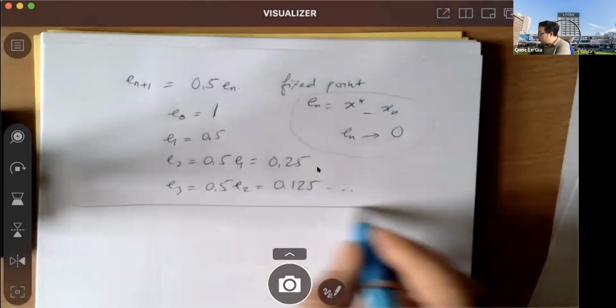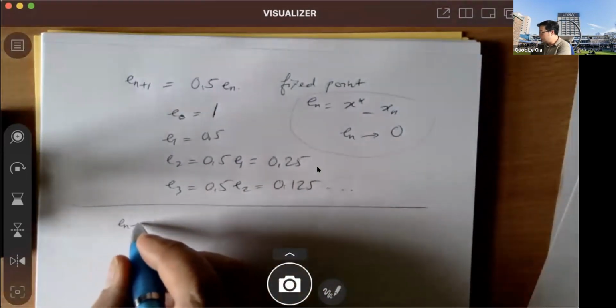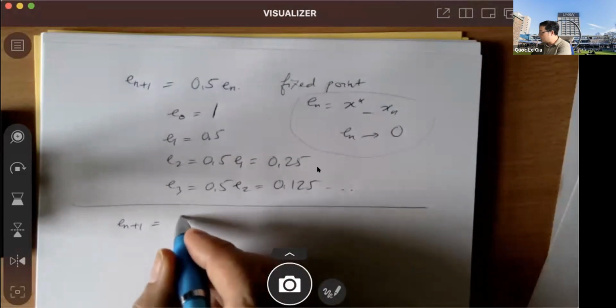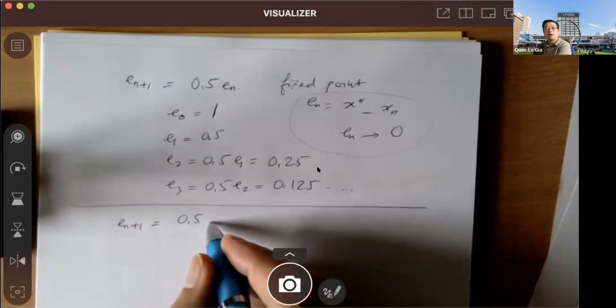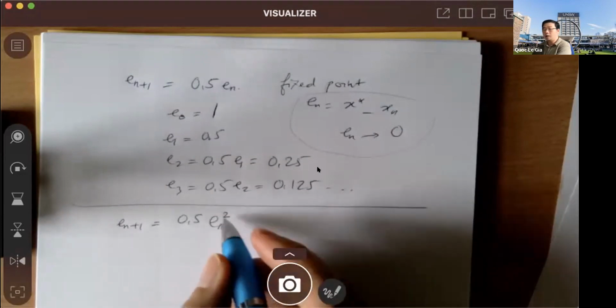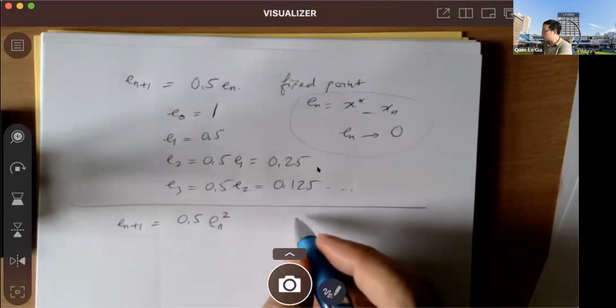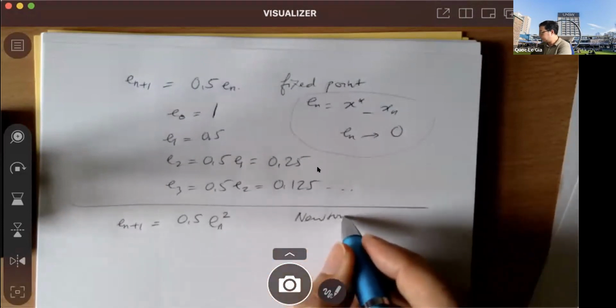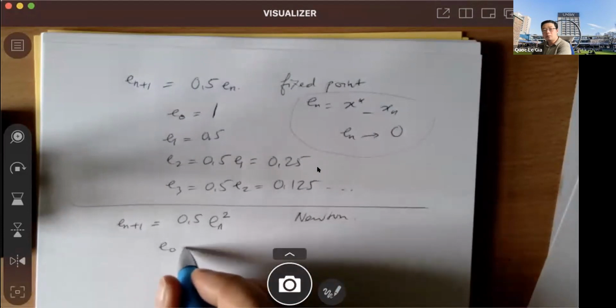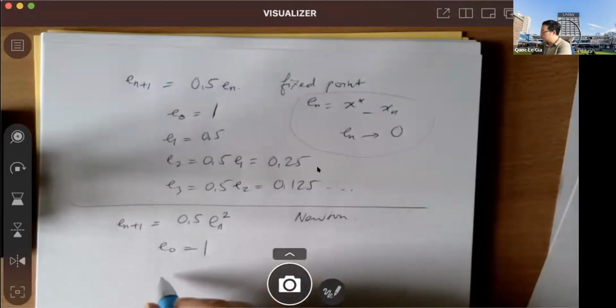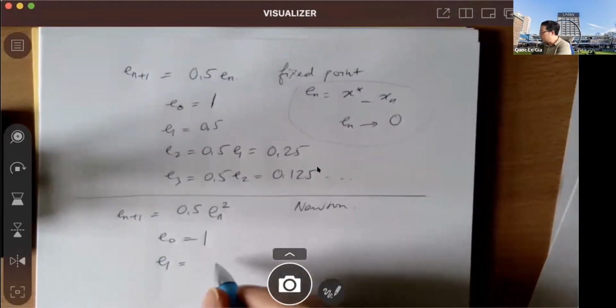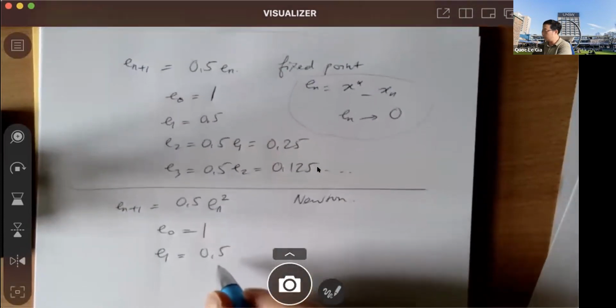And now for the Newton method, suppose I got e_{n+1} equals 0.5 e_n squared. So notice the square here. So this is Newton. I got e_0 equal 1 as well. Then e_1 equals 0.5 times e_0, so it's still 0.5.